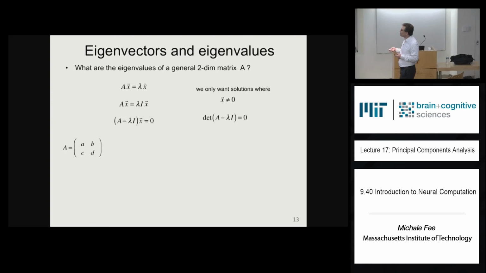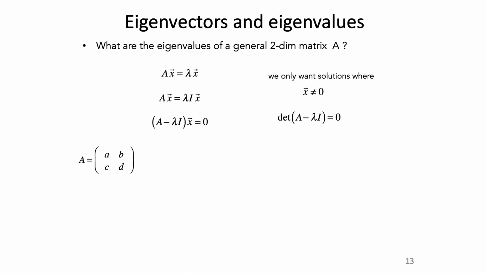So let's write down an arbitrary A, an arbitrary two-dimensional, 2 by 2 matrix A. We can write A minus lambda I like this. Remember, lambda I is just lambdas on the diagonals. The determinant of A minus lambda I is just the product of the diagonal elements minus the product of the off-diagonal elements.